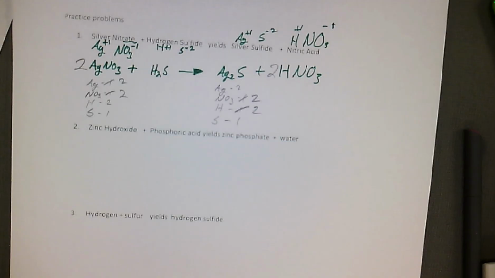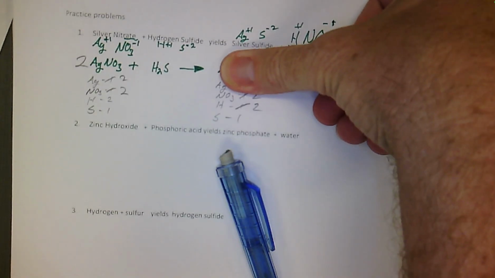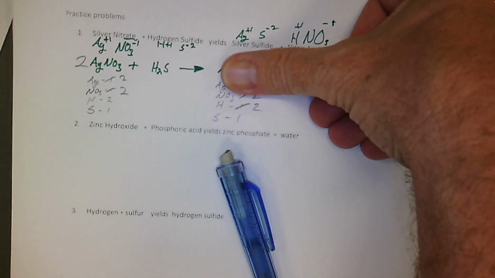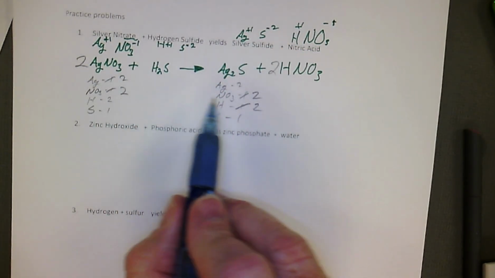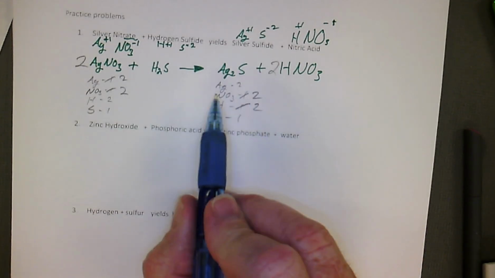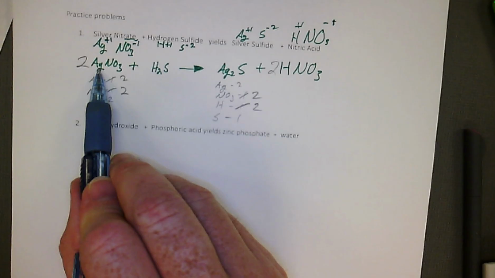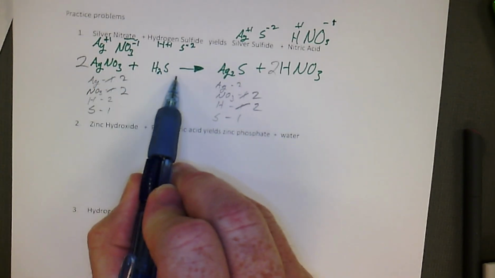Okay. Now, one thing, guys, because this is going to lead into tomorrow where we start predicting the product. Tomorrow we're going to start where I give you just the first half and you have to tell me the second half. You have to come up with it. All right? So what type of reaction would this be? Double. All right? And we can kind of see that, right? The Ag ends up with the S. Positives can't go with positives.